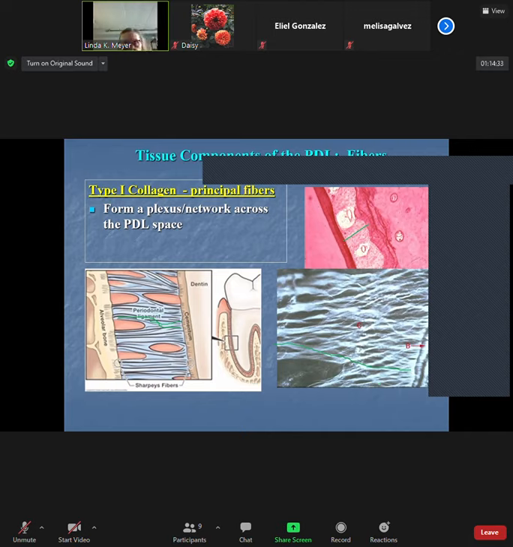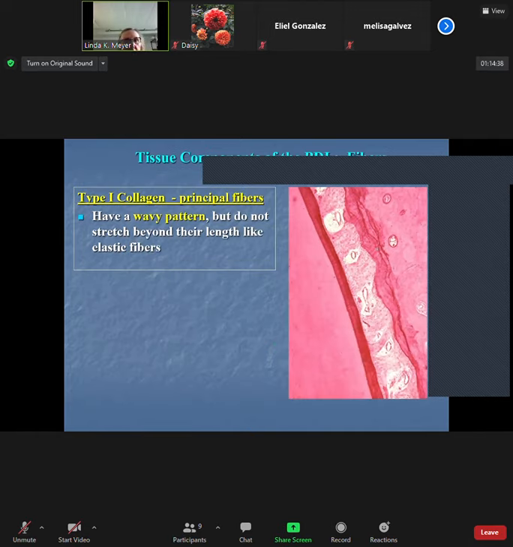The second thing that I want you to get out of this is that they have a wavy pattern. So these type 1 collagen fibers, I'm just going to draw some in here. They're not really like this. Well, that wasn't perfect anyway, how I drew it. But do you see how there's a little bit of waviness to them? So what is the significance of this?